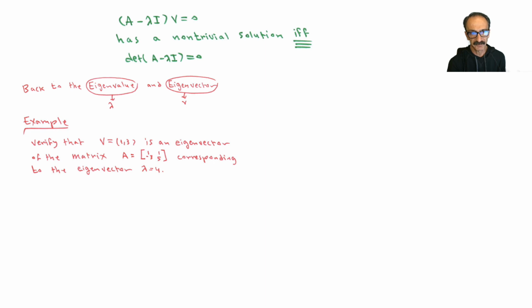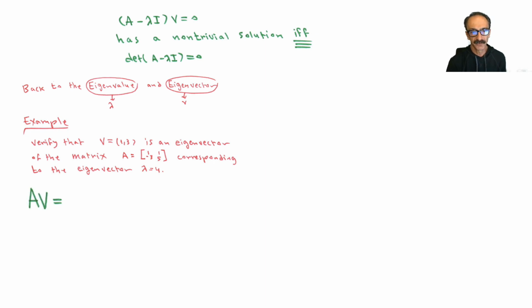The title of this section is the eigenvalue lambda and the eigenvector v. Every lambda will correspond to vectors v, and every vector will correspond to lambda, so they go together. You'll see more about what I mean in the coming examples. This is just an introduction example.